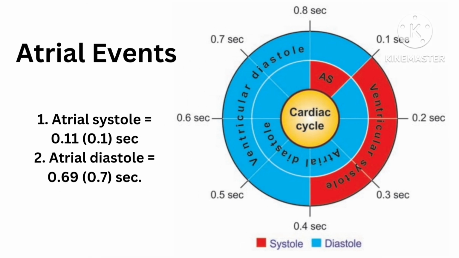Atrial events consist of two major events, atrial systole and atrial diastole. Atrial systole is the contraction of the atria in the heart, which lasts 0.1 second, and atrial diastole is the relaxation of the atria, which lasts 0.7 seconds. The total atrial event takes 0.8 seconds.